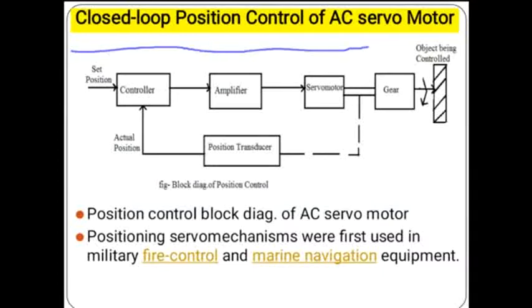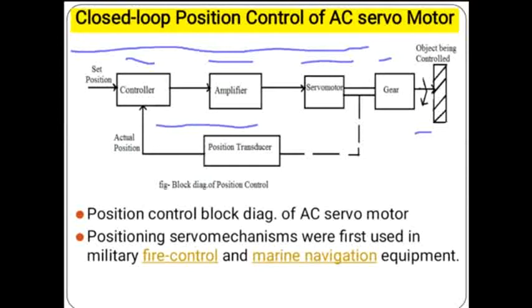In this diagram you can see the set position point, controller, amplifier, servo motor, gear, and the load, or we can say the object being controlled, and this is the position transducer, or we can say the feedback signal.